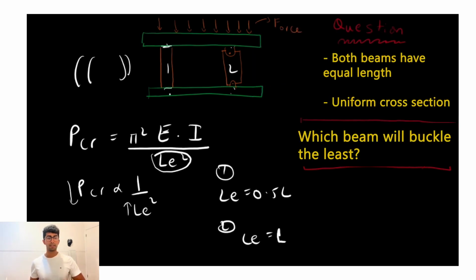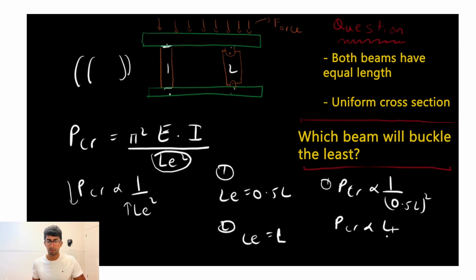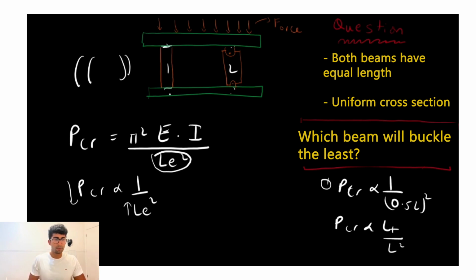Now, all we've got to do is take these values, plug them into our formula and make a decision. So for beam 1, PCR is proportional to 1 over (0.5 L) squared, which ultimately gives us 4 over L squared. And in the case of beam 2, PCR is proportional to 1 over L squared.